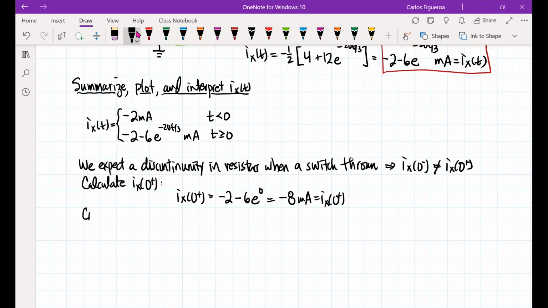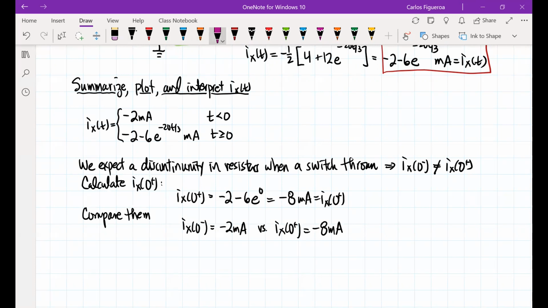So now if I compare them, you could see here that Ix of 0 minus, well, that one is just minus 2 milliamps, versus Ix of 0 plus, which is minus 8 milliamps.